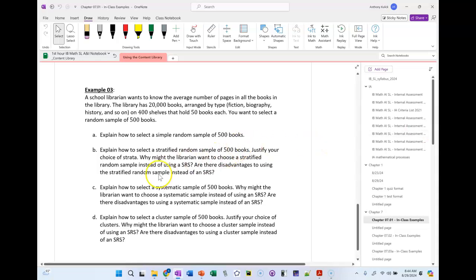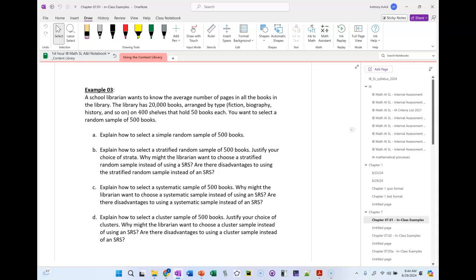Part B says, explain how to select a stratified random sample of 500 books. Justify your choice of strata. And let's start there. Okay, so you create your strata by genre, right?